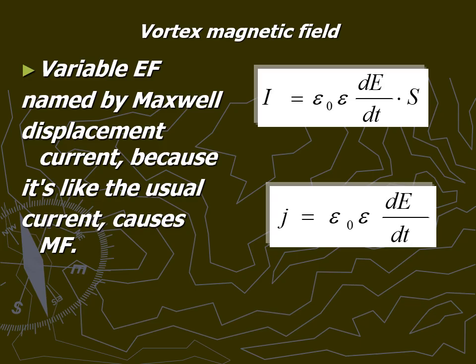In addition, we can also calculate the current density. We already said last time what the current density is: the current strength divided by the area. Then we get the following formula. The electric constant is multiplied by the permittivity of the medium and multiplied by the rate of change of the field strength, or the derivative of the field strength with respect to time.